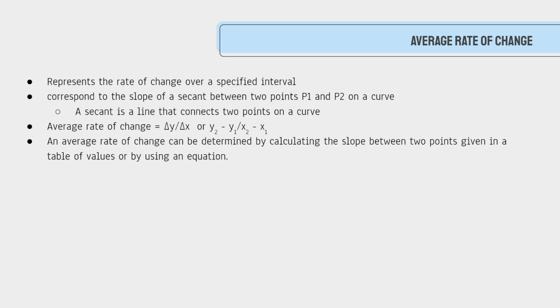The average rate of change is written as the change in y over the change in x, or delta y over delta x. And again, delta y over delta x could also be written as (y2 minus y1) divided by (x2 minus x1). Lastly, an average rate of change can be determined by calculating the slope between the 2 points in a given table of values, or by using an equation.